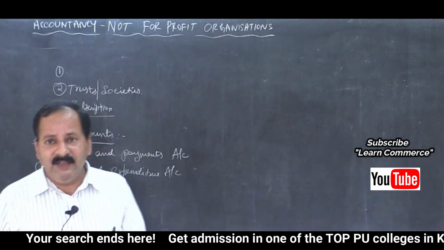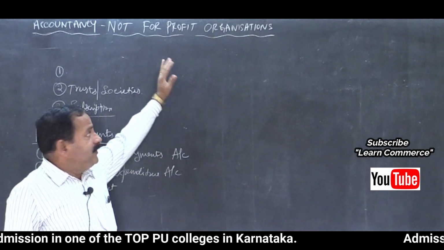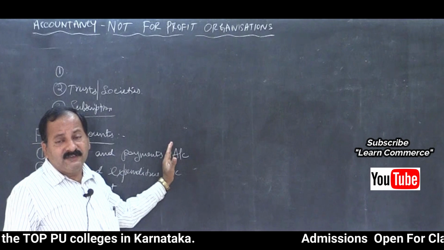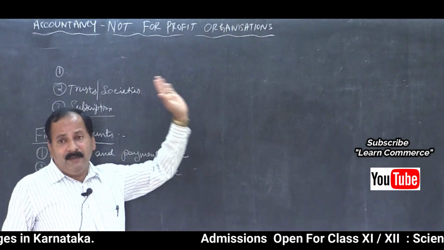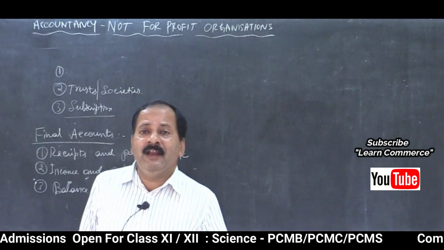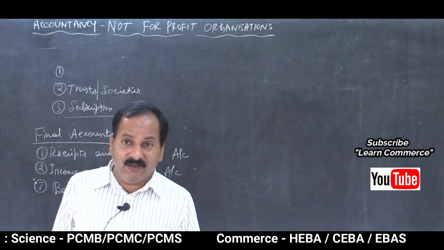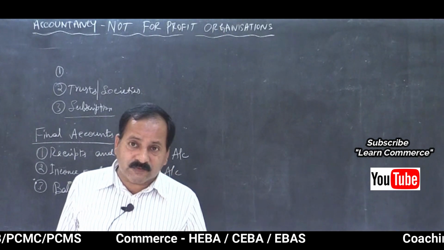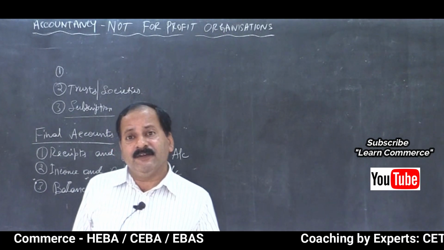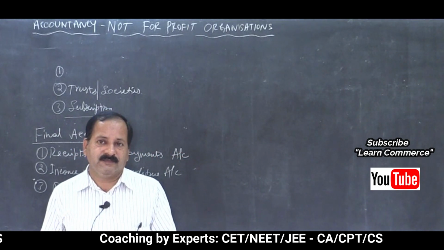Clear? Like when we prepare cash book, we enter all the amount received on the debit side and all the payments made on the credit side, so that we get a final balance of cash, how much cash is lying in the business, the concern, the society or the trust. So that is what receipts and payments account is.